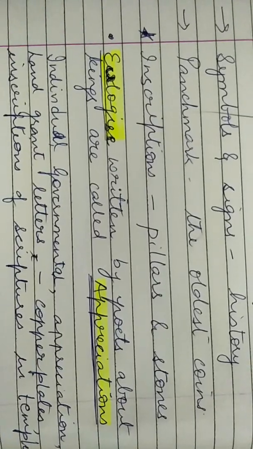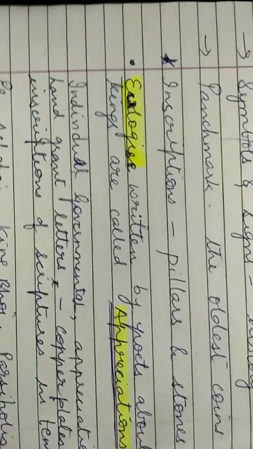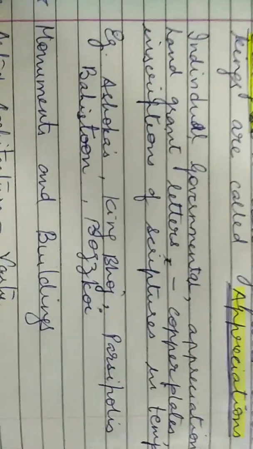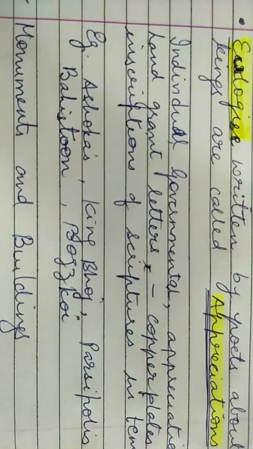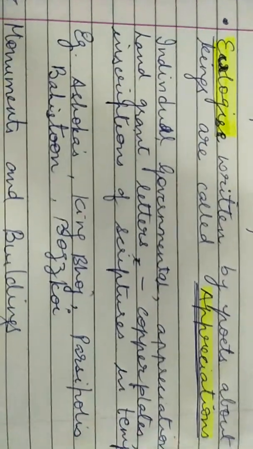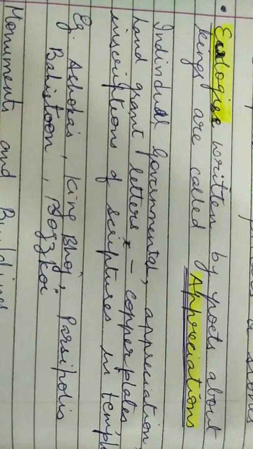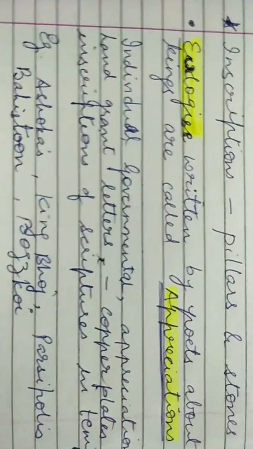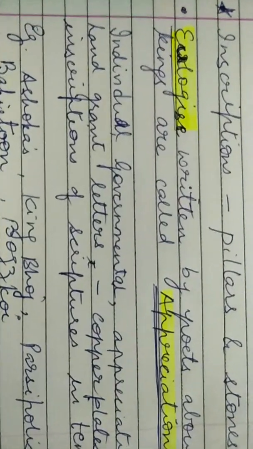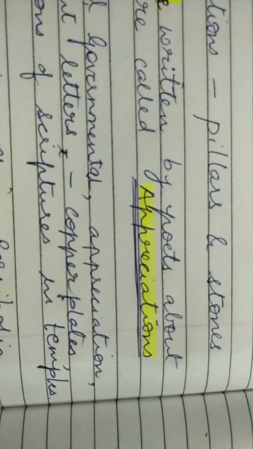Different types of inscriptions have been found: individual, government, appreciations, the land grant letters which were engraved on copper plates, and inscriptions of scriptures in temples and caves.